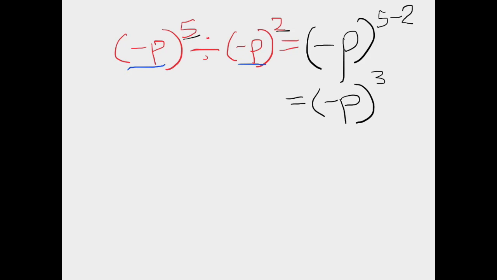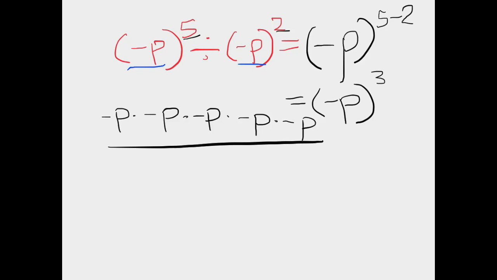And if we go back and write it out with our cancellation, negative P times negative P times negative P times negative P times negative P, 5 times. And then I have negative P times itself 2 times in the denominator.